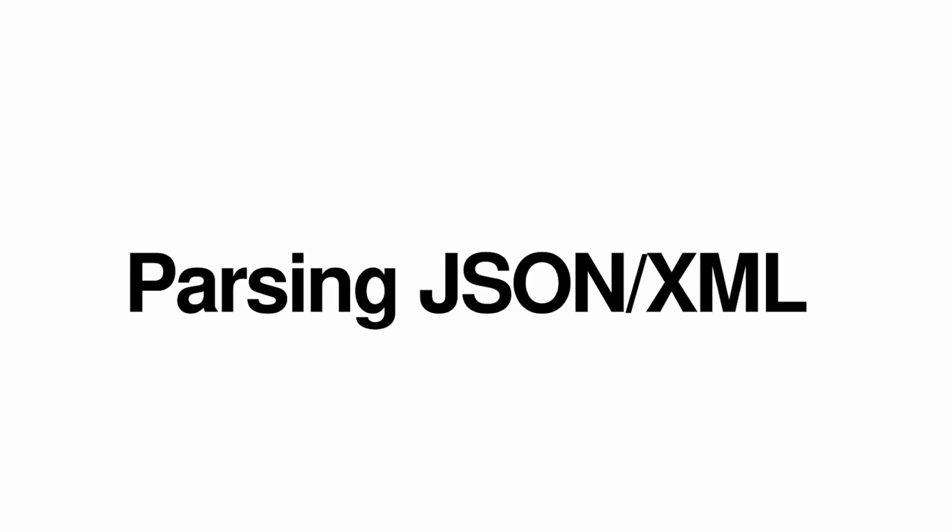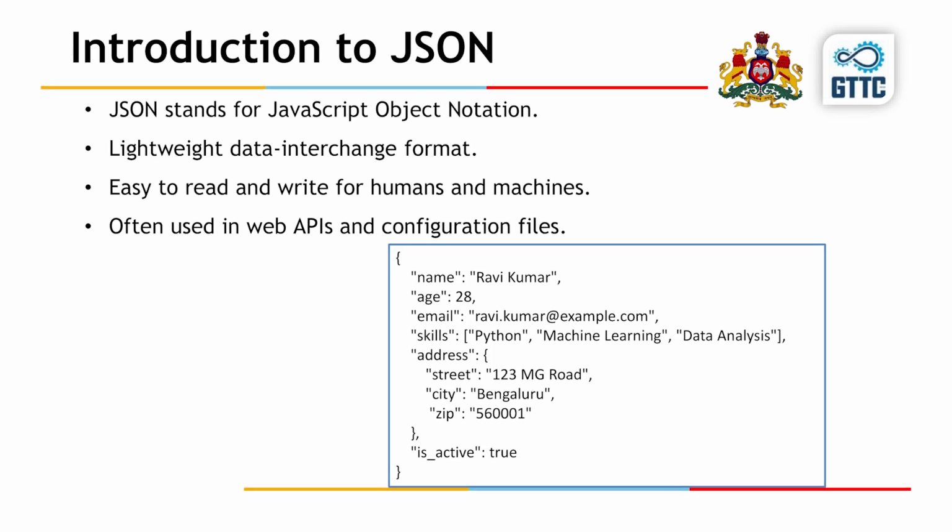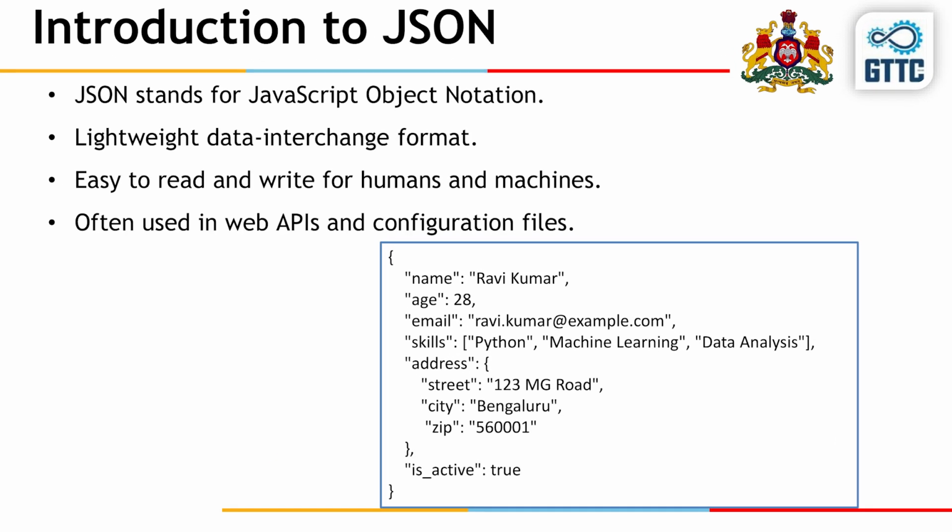Today's lecture topic is on parsing JSON and XML. So first let us understand what is the meaning of JSON and XML. JSON, JavaScript Object Notation, is a popular web service used to transfer data from one device to another device, which is very important in NLP data transmission.